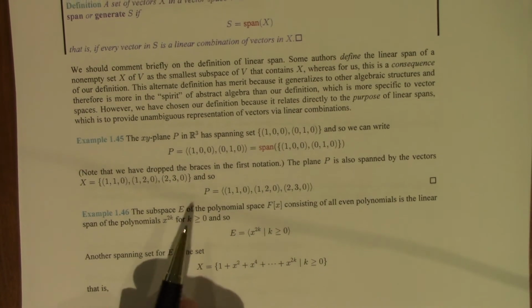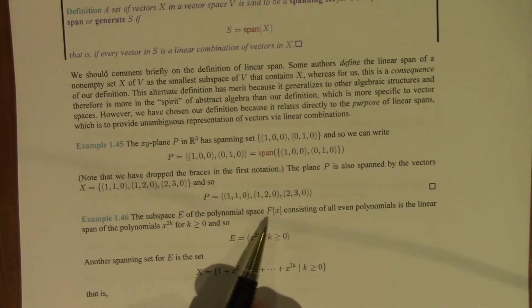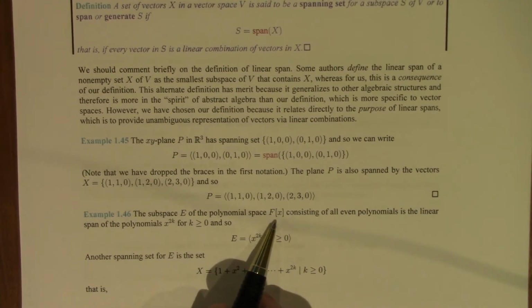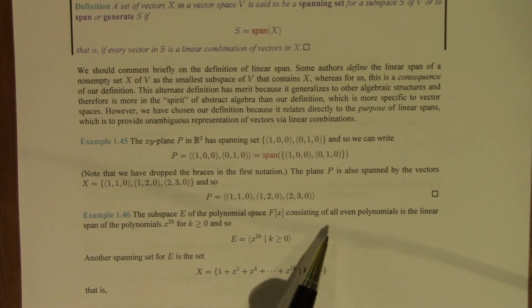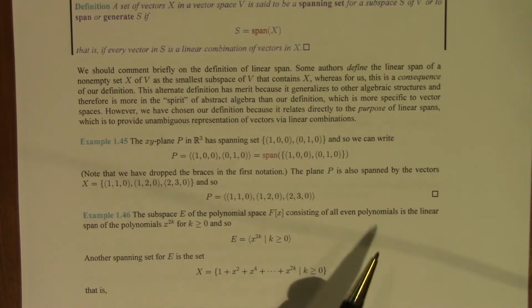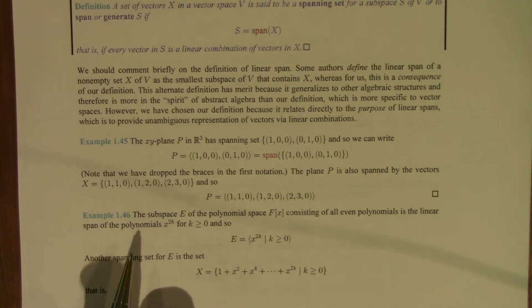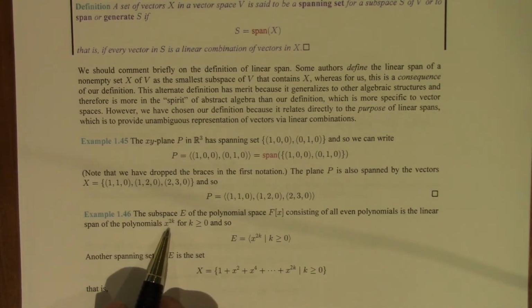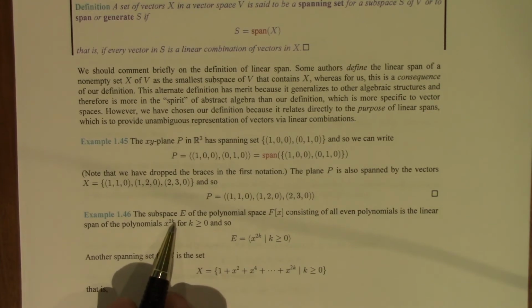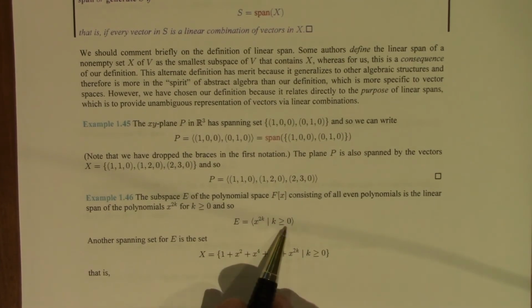The subspace E of the polynomial space, F[x], consisting of the even polynomials, is the linear span of the even powers of x. So that looks like this.